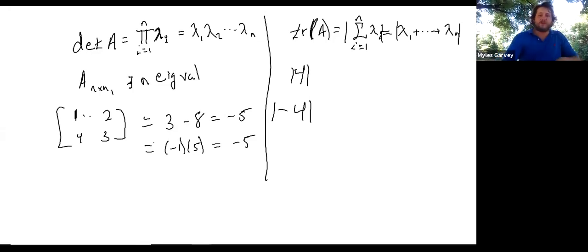The trace of the matrix is defined as the sum of the diagonals, and as far as the eigenvalues go, oh, this is why.